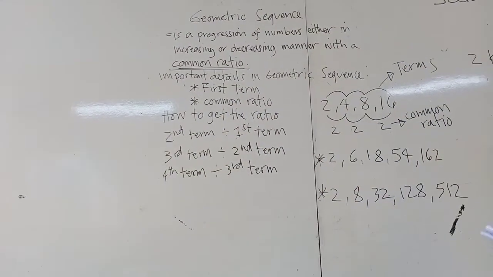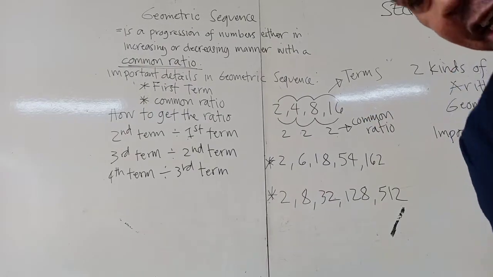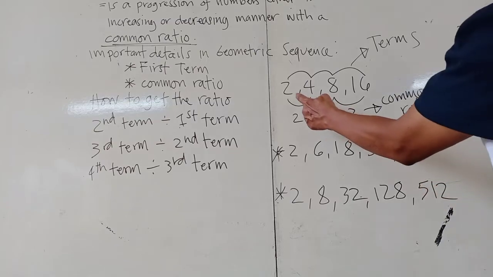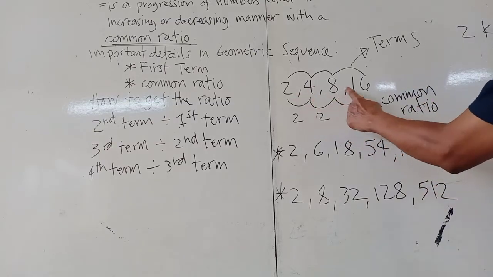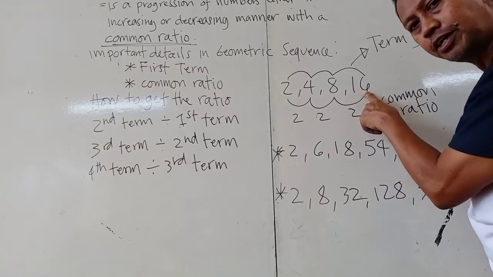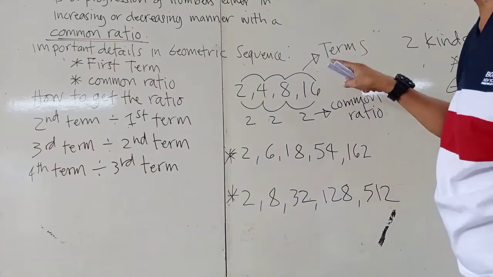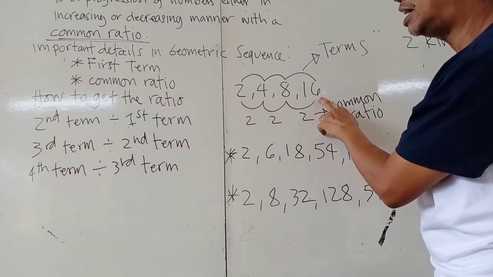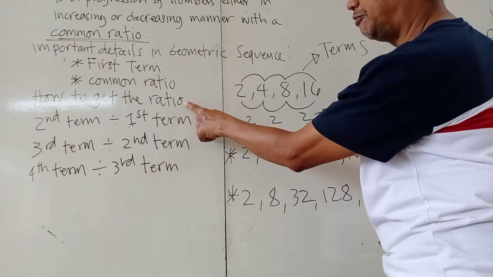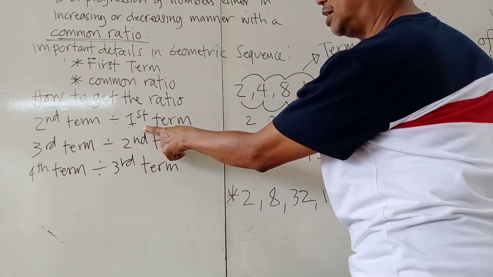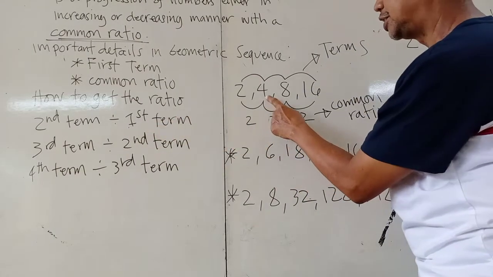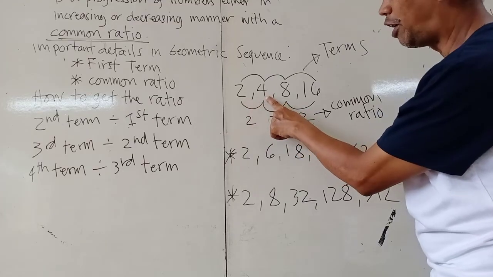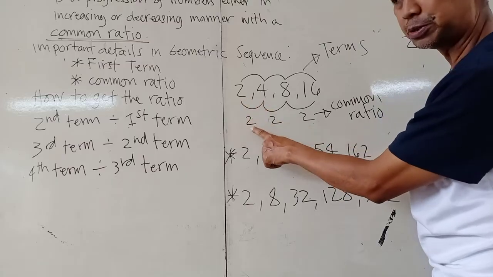Let's take an example here: 2, 4, 8, and 16. So there are 4 terms. If I have to get the ratio, I follow the direction: the second term divided by the first term, 4 divided by 2, is 2.